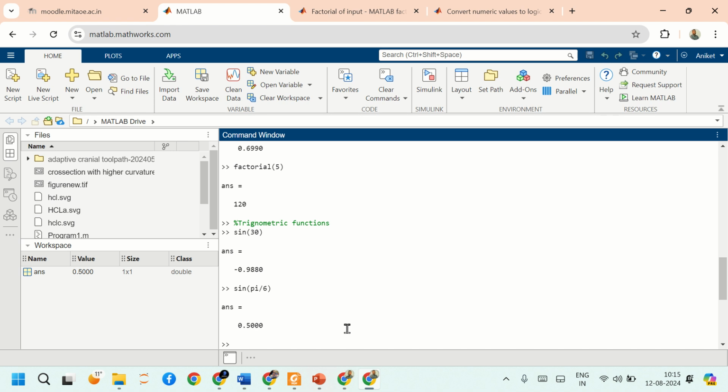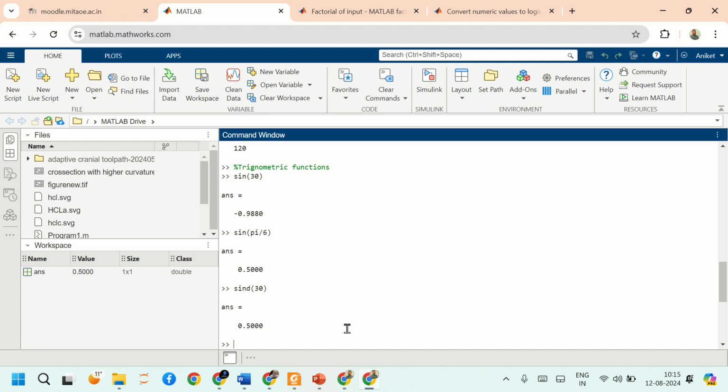So if you want the correct answer using just the sine function, you have to use the values in radians. Now if you have the angles in degrees, then you have to use the D for degrees, and you can write 30 and you will get the value. So this is how you can correctly use the trigonometric functions.